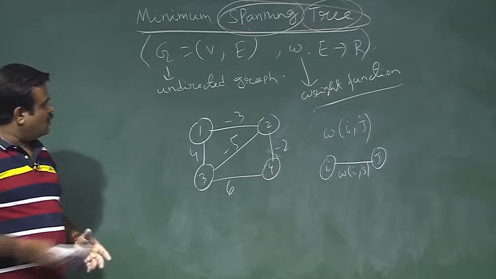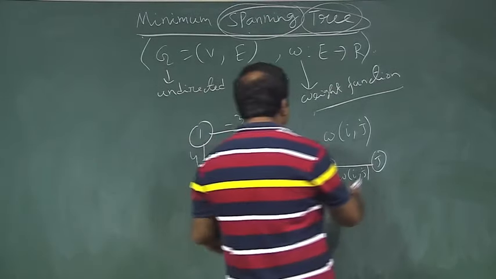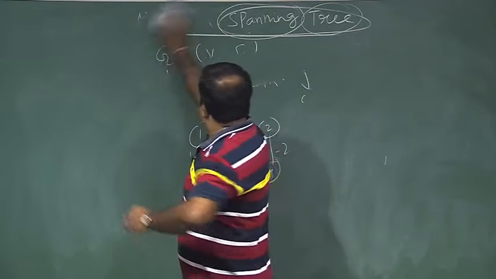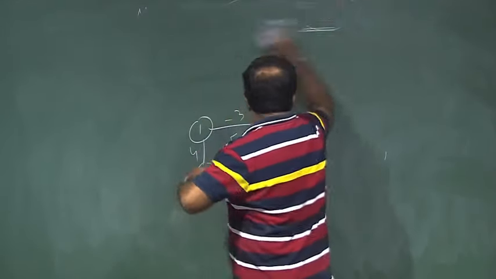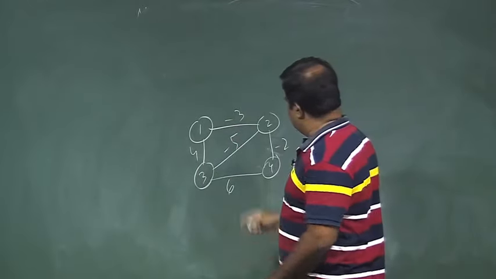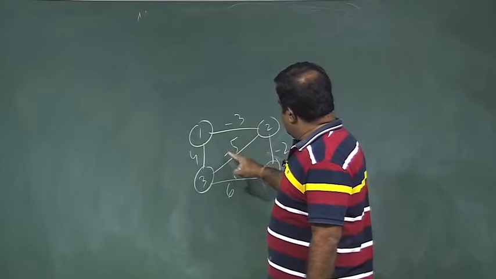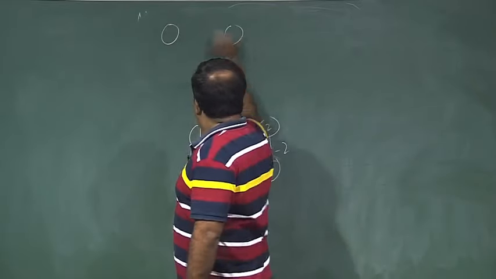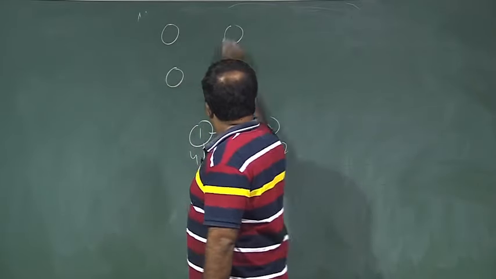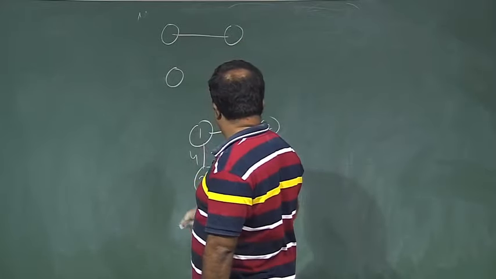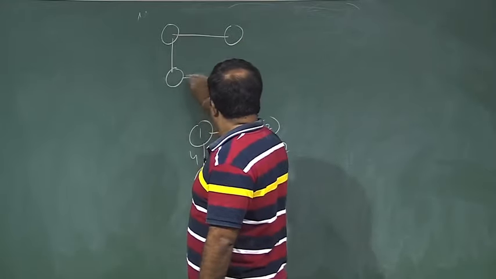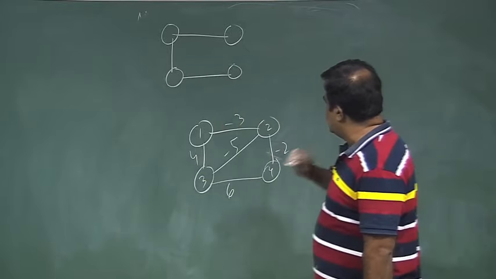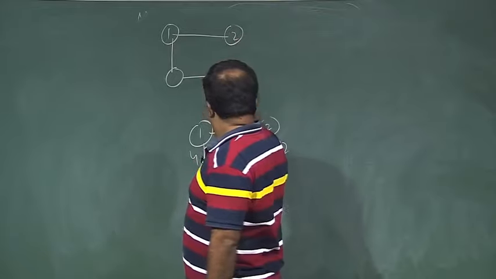among all others. So, what spanning trees can we have from this graph? We can have a tree like this. A tree should not contain any cycle. So, we can have this one, then this one, then this one. This is also covering all the vertices and there is no cycle. So, 1, 2, 3, 4.